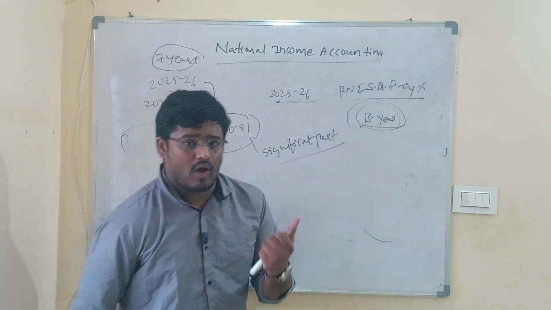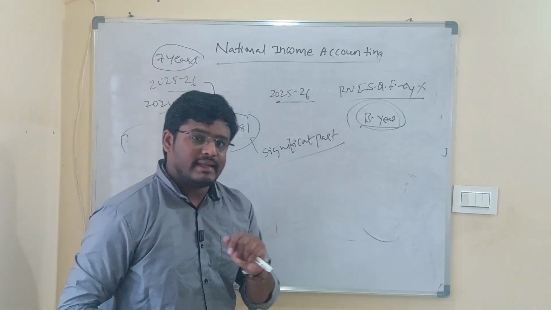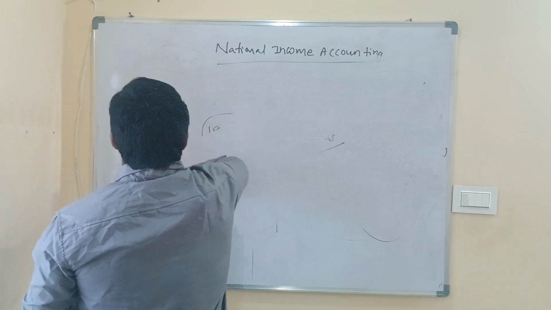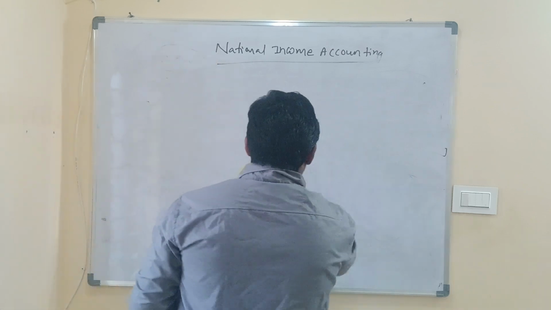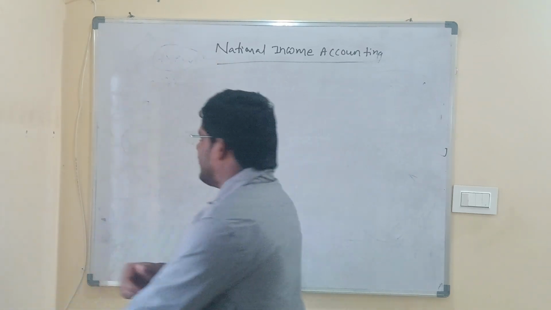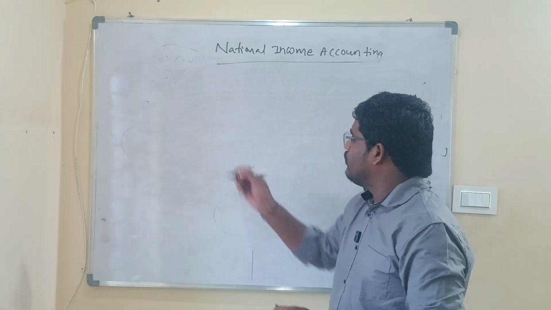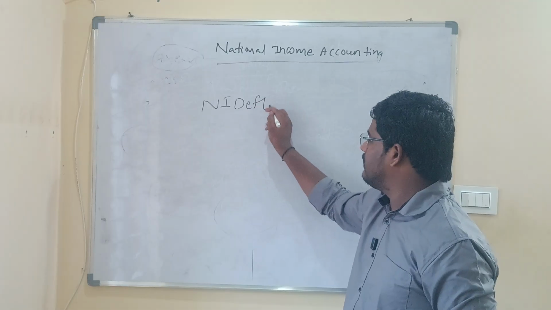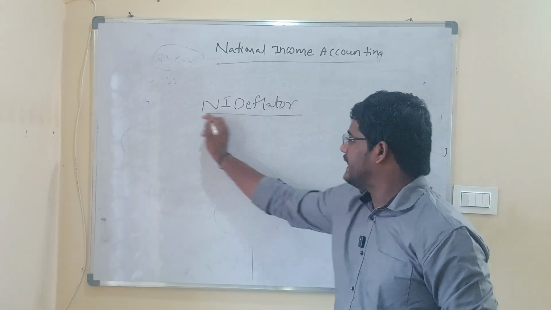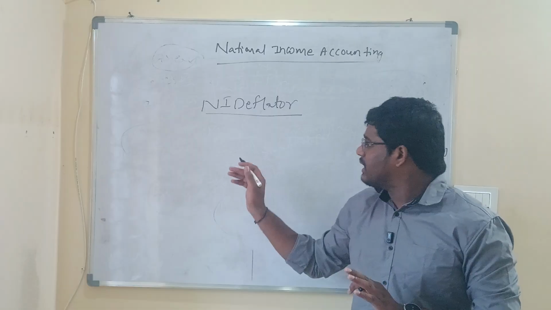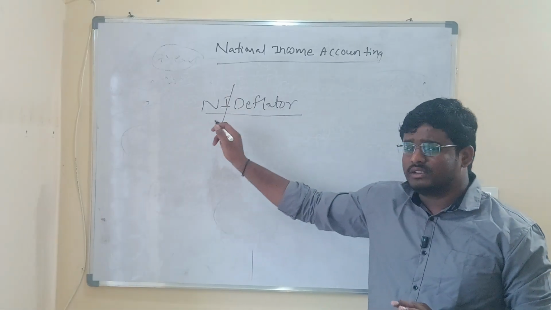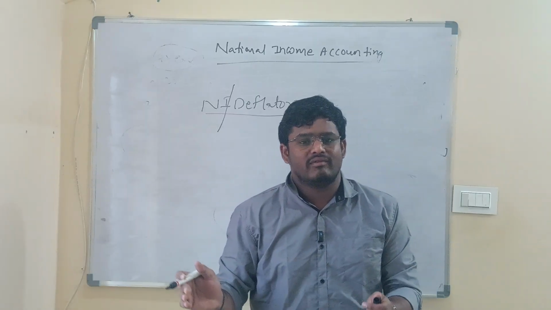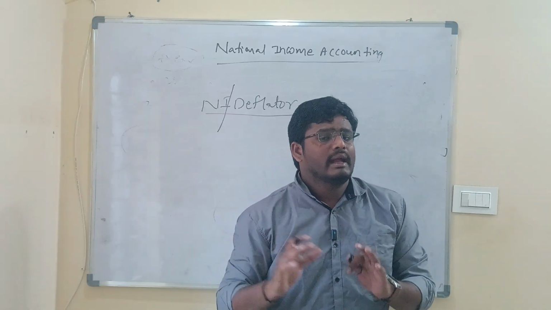Now we have done the nominal national income, we have done the real national income, we have covered the concepts of base year. Now one more important term that is associated with NNI and RNI is known as national income deflator. Remember, if we remove the national income and add any type of national income, we might add GDP deflator, GNP, NNP, it doesn't matter.